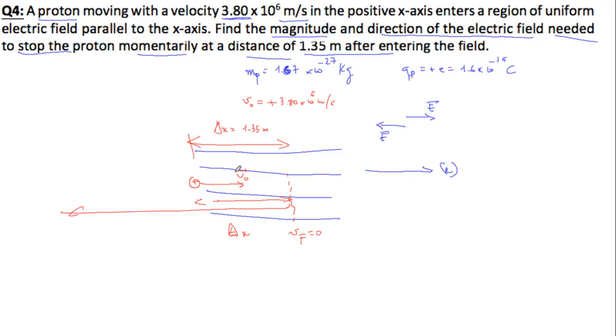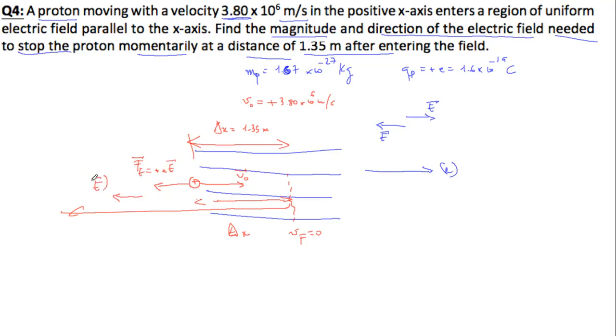So what can we say about the direction of the electric field? It's a positively charged particle moving in the positive x direction, and I want it to stop. So I have to apply an acceleration which is opposite to the velocity. So the electric force Fe is in the negative direction, which means that E, your electric field, is in the negative x direction.